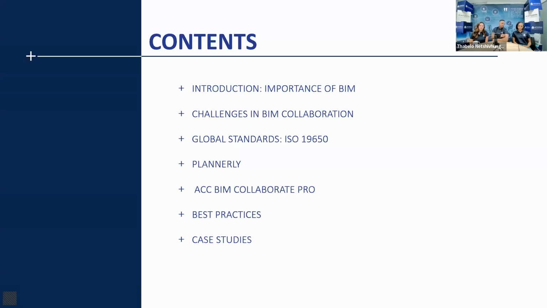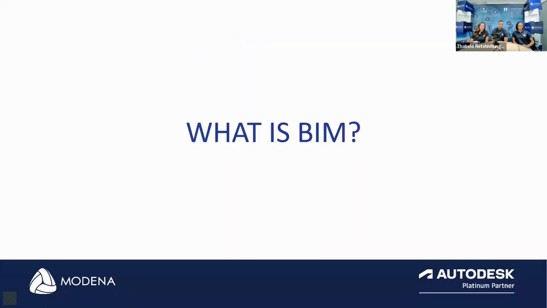There's a tool called Plannerly that assists with putting together a BIM project. Ali will talk about other BIM tools, BIM Collaborate Pro, and the utility solutions that we have. And then we'll look at some best practices and a case study. All right, we're good to go?